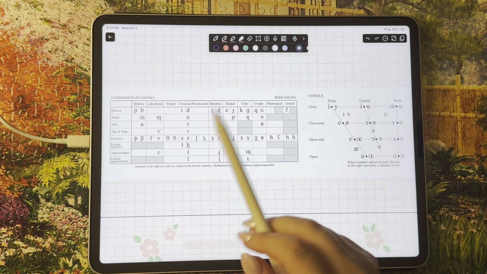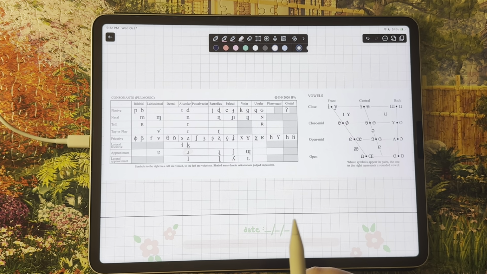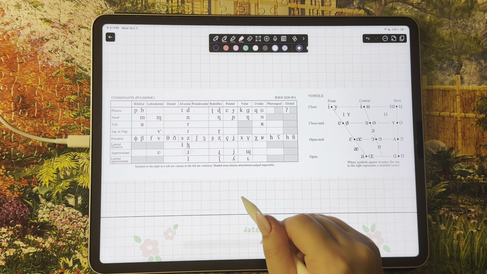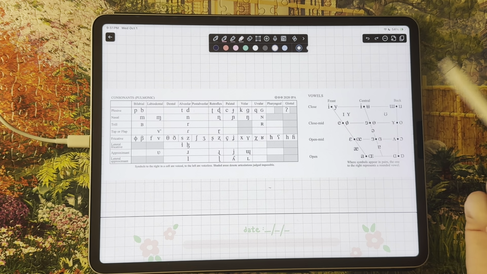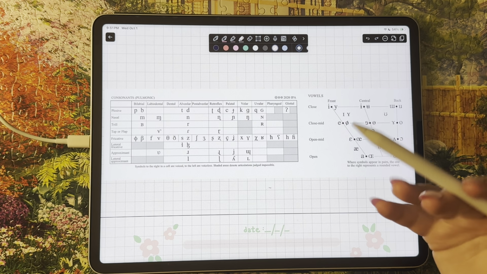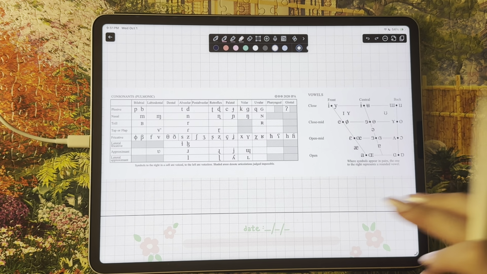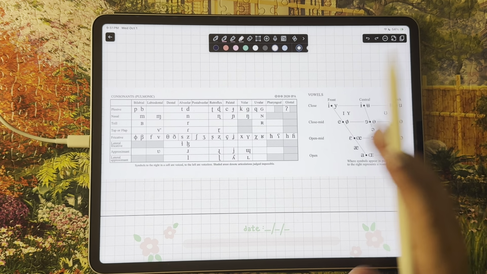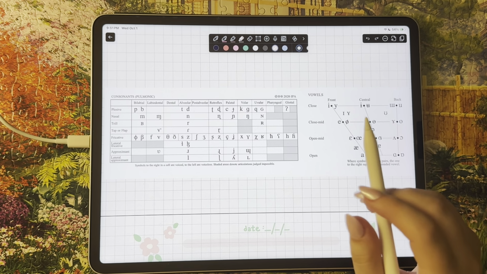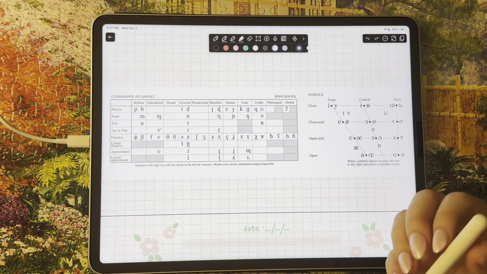And earlier I started to talk about this. This is just the regular R that we see at the beginning of sentences or syllables, like red and run. It's at the beginning of syllables because it'll be a different sound whenever it's at the end of a syllable.